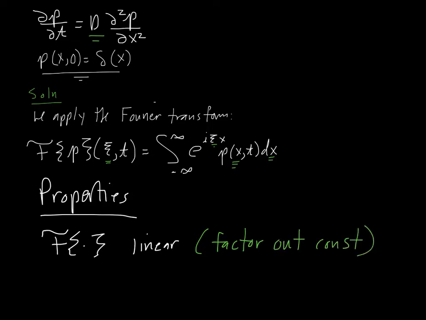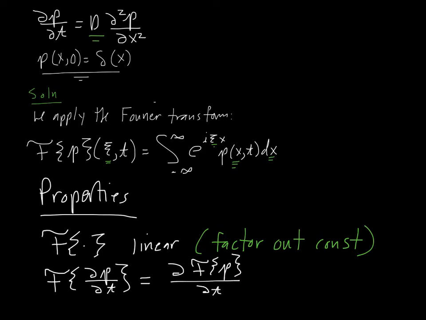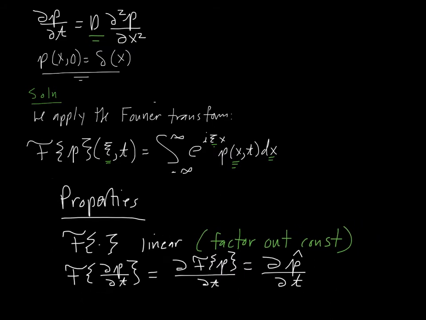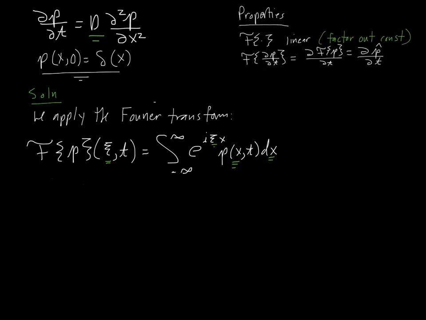The other thing to notice is that if you take the Fourier transform of the partial of p with respect to t, it's going to be equal to the partial of the Fourier transform of p with respect to t. And we'll henceforth call the Fourier transform p hat. So it doesn't really do anything to partial derivatives with respect to time. Okay, so that's a few properties. We'll put those up in the corner for when we solve.